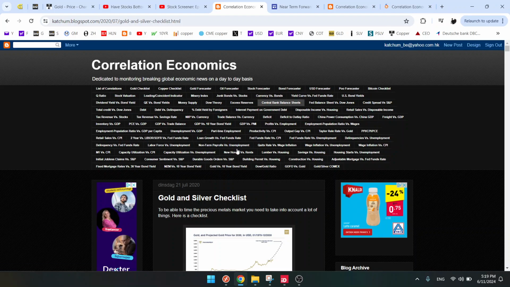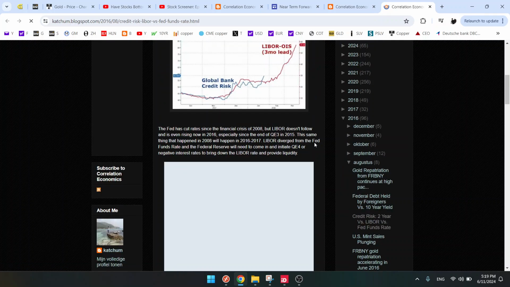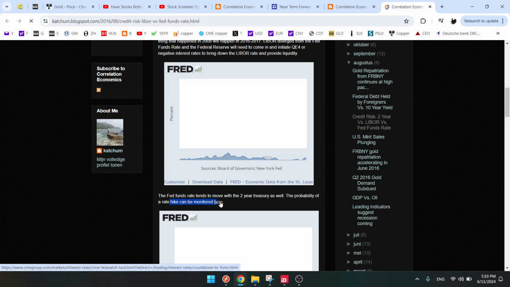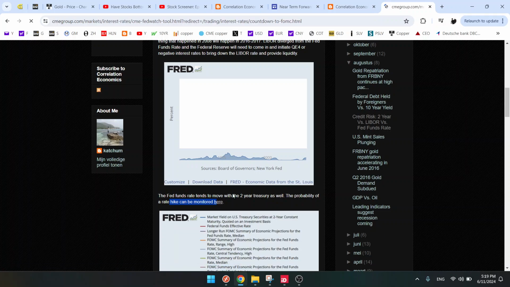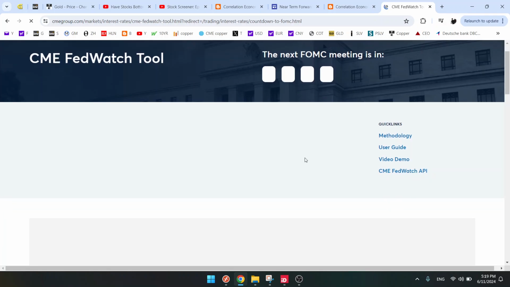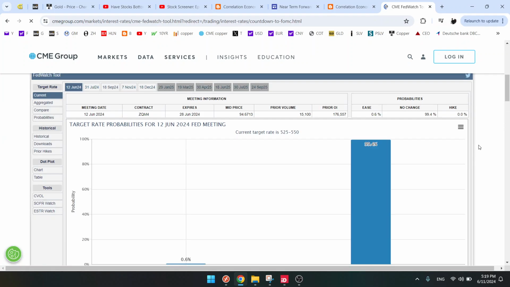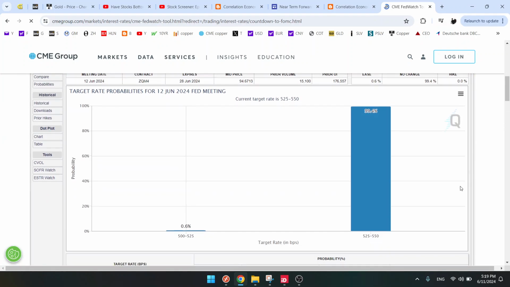So all of these links, just use them. They are very useful. Here, the probability of a rate hike can be monitored. So just click on the link and you will go to this page where there is the probability of a rate cut.